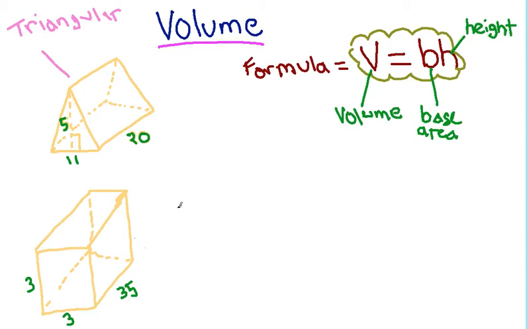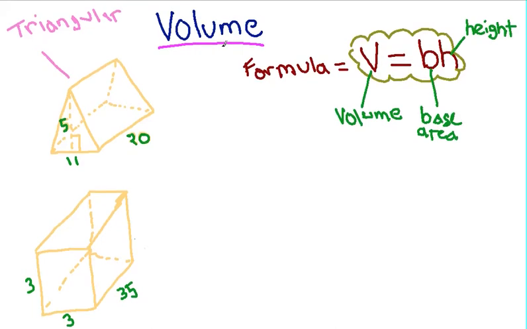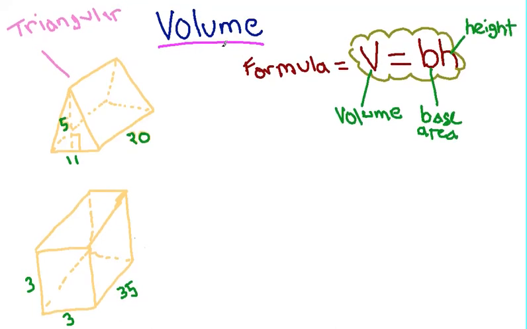Because the base of this prism is these two triangles right here. The triangles are the base, and you can figure out the base based on what it's called. So the base is a triangle.